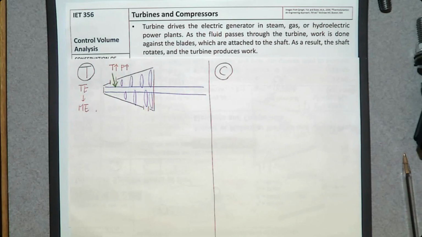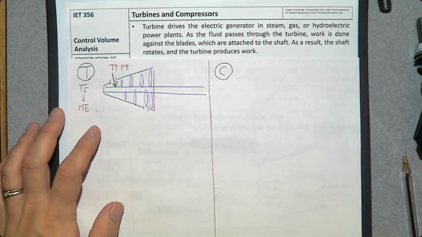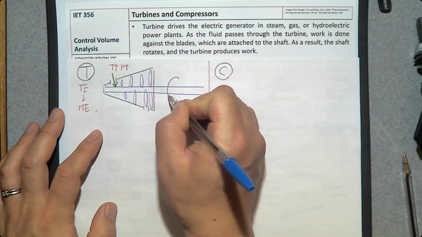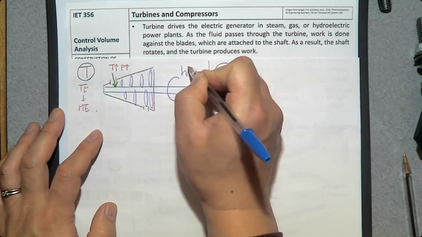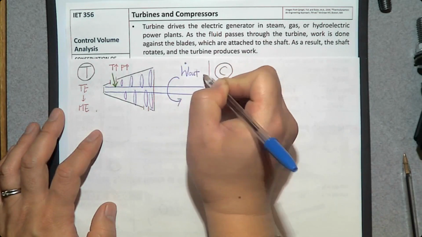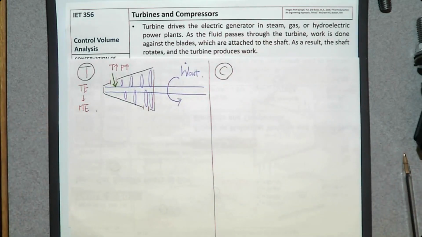So while the steam is expanding through the turbine, it rotates this shaft, so it produces what? Shaft power. So this one produces shaft power, W dot out.